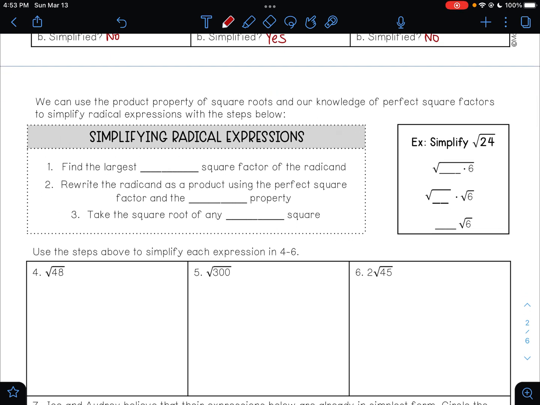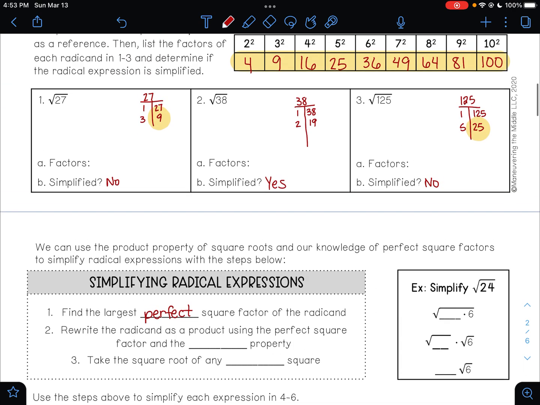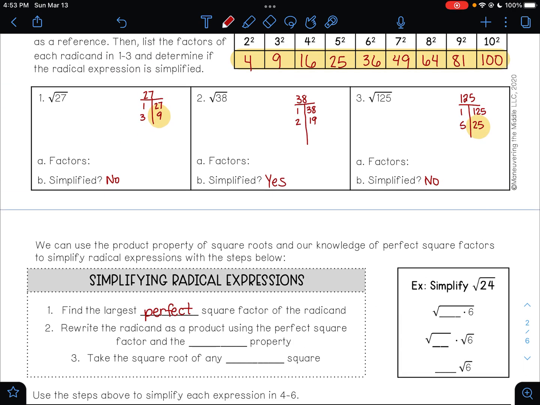So we can use the product property that we talked about above, the A and B, where we split it up into 2 different radicals of square roots, and our knowledge of perfect square factors to simplify radical expressions with the steps below. So here's our steps. Okay, 1, we're going to find the largest perfect square factor in the radicand. Okay, so basically what we did just a second ago.